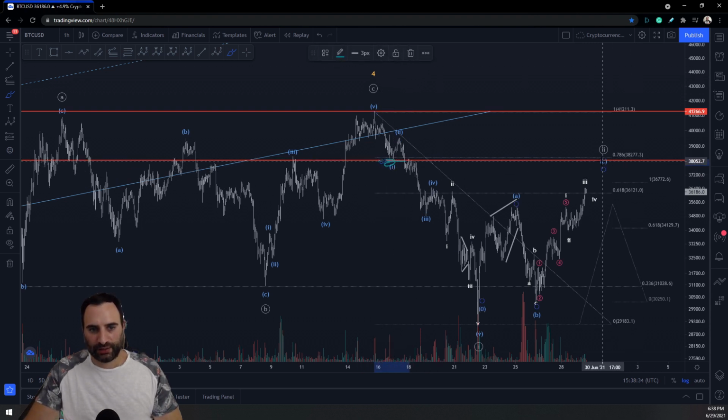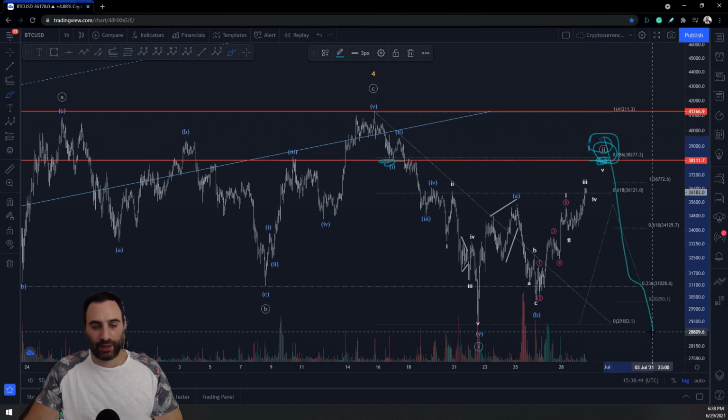This is the invalidation for the impulse wave. If we break above that level, then we go to the motive wave variation, which means an ending diagonal. Only when we break above that level will I start considering the alternative scenario.